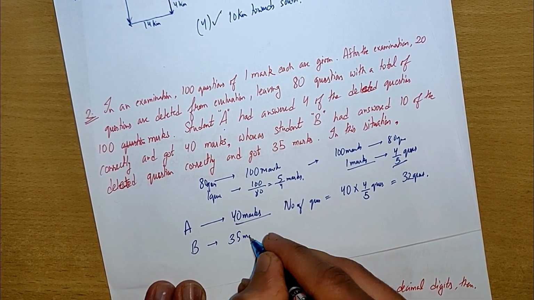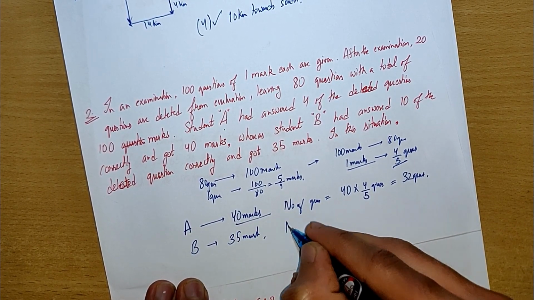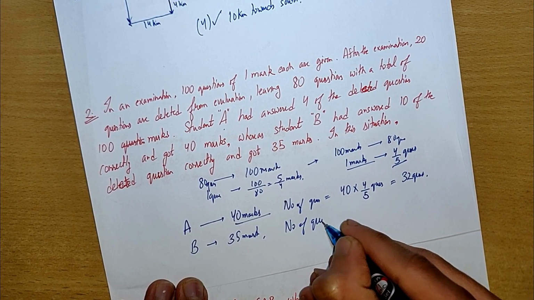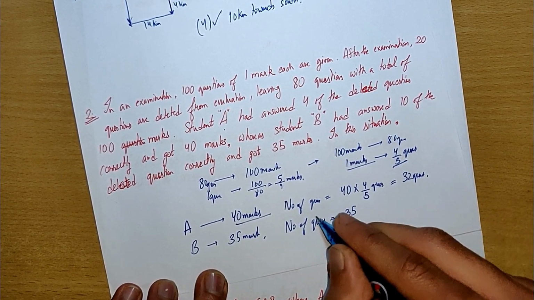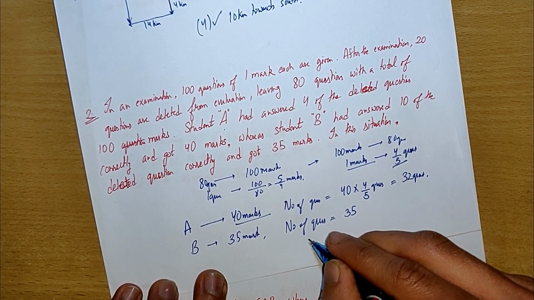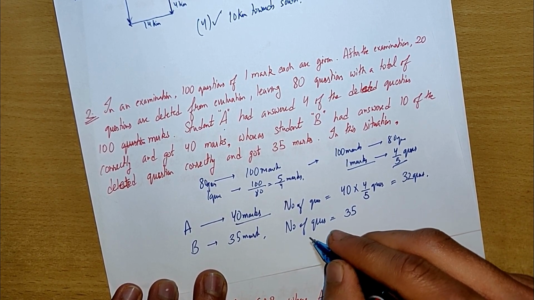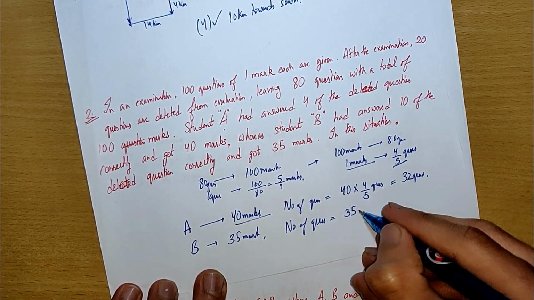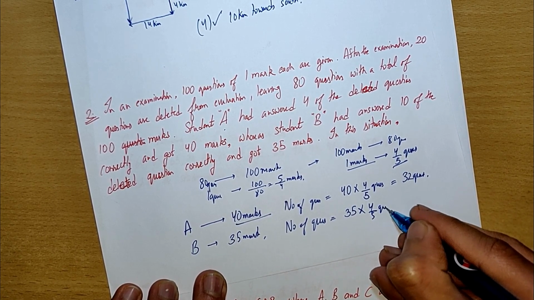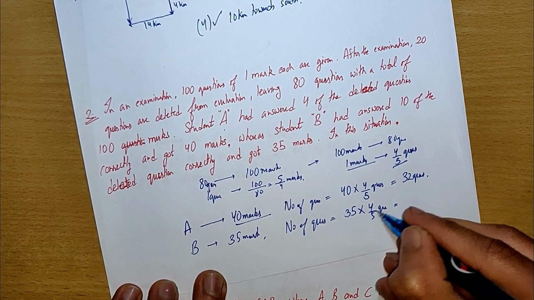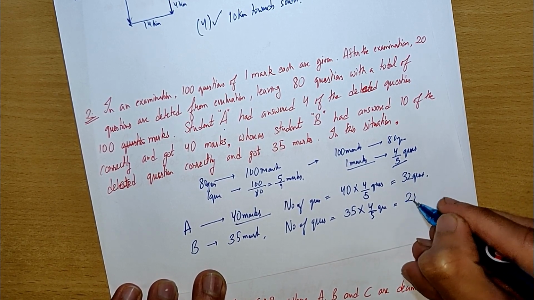So the number of questions done correctly by B in those 80 questions would be 35 into 4 by 5 questions. So it would be 7 fours, 28 questions.